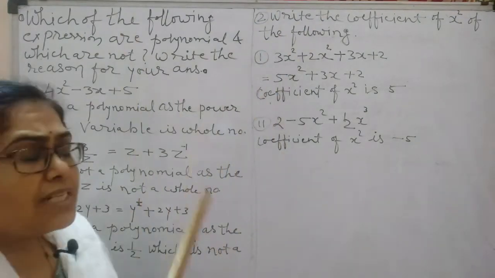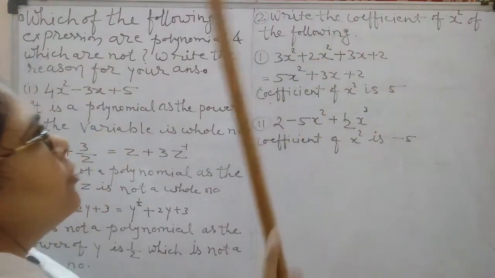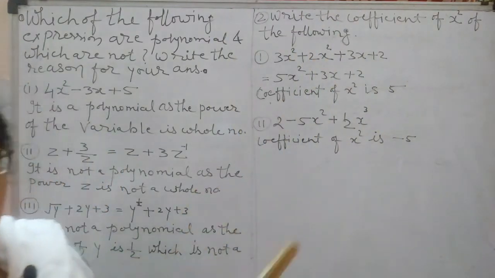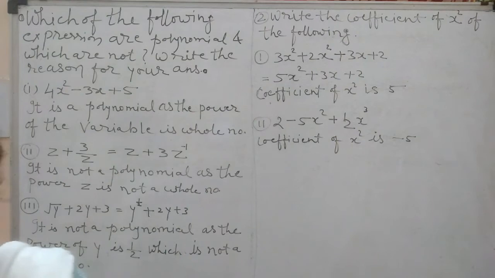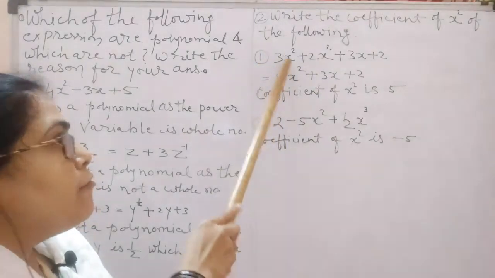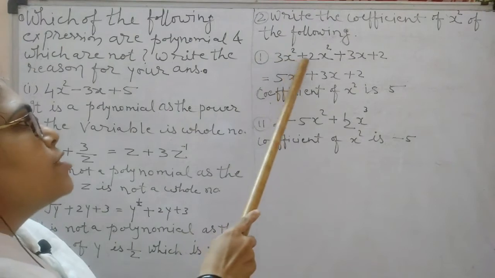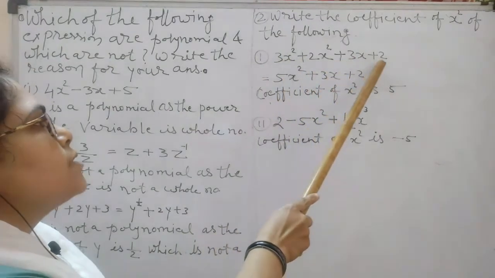Now second question: write the coefficient of x square in the following. We have to find the coefficient of x square, and the coefficient of x square means the remaining part of x square. See, the first is 3x square plus 2x square plus 3x plus 2.